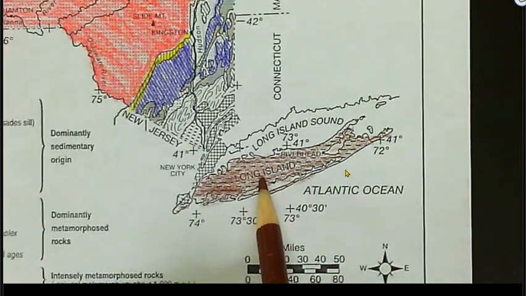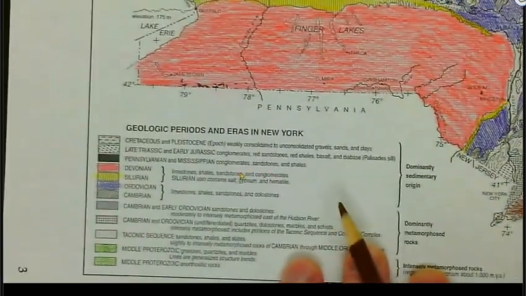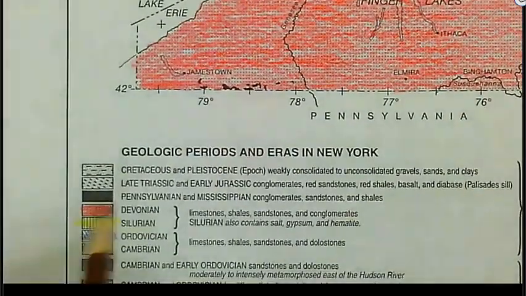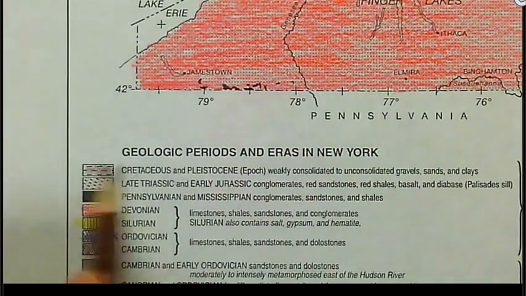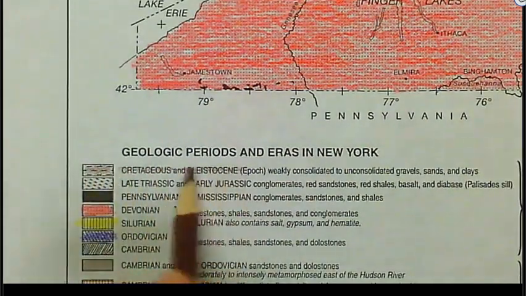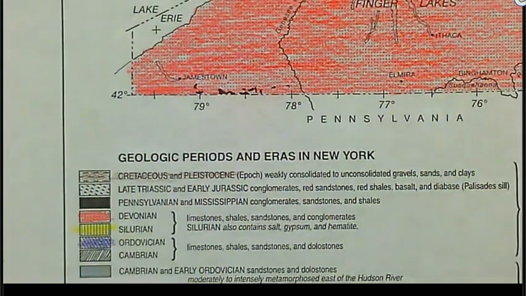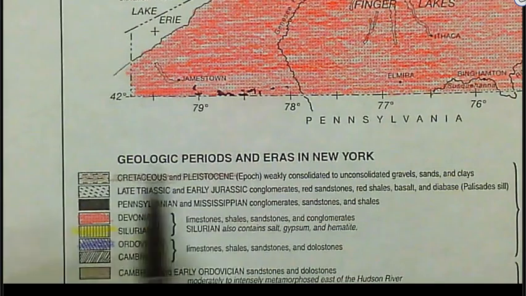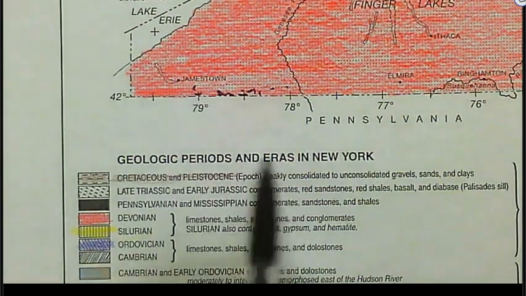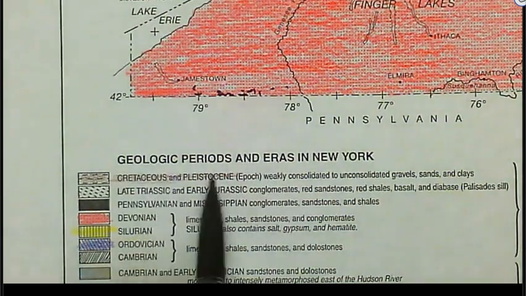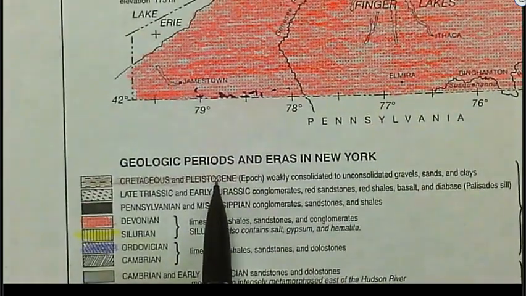And it has that dashed pattern, which equates over here to Cretaceous and Pleistocene. Now those, the Cretaceous and the Pleistocene, are not geologic periods or eras. Where can we find Cretaceous and Pleistocene?